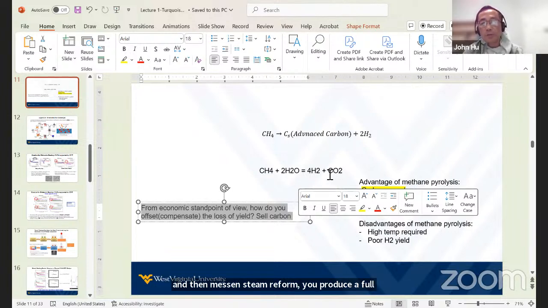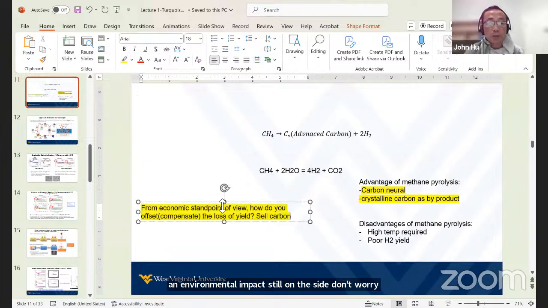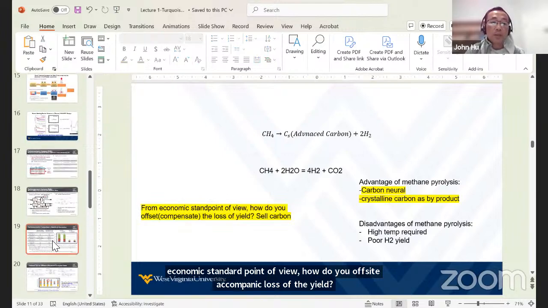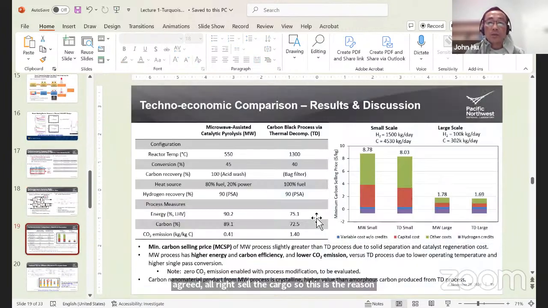If we put the environmental impact filter on the side, the driving force from an economic standpoint is how you offset or compensate for the loss of yield. You agreed: sell the carbon. This is the reason we have done the economic analysis. We want to make sure how much carbon we can sell in order to make money. Make sense?